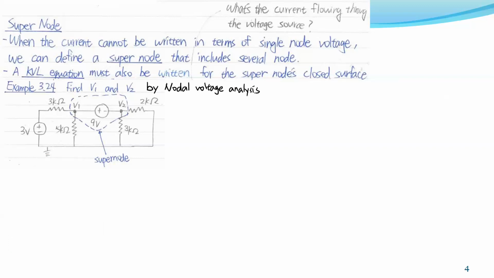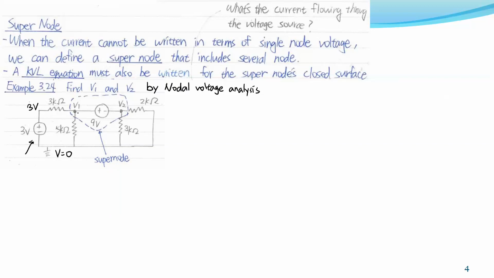For nodal voltage analysis, you need to define a reference node, which is here. It is connected to the ground, so this is V equals 0, right? And since the left branch goes through a 3 volts voltage source, this is 3 volts.